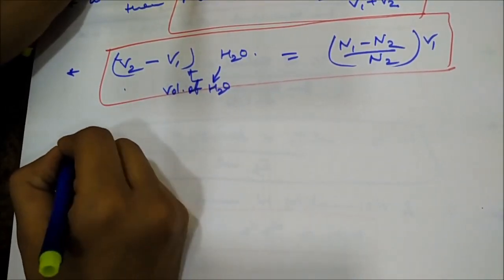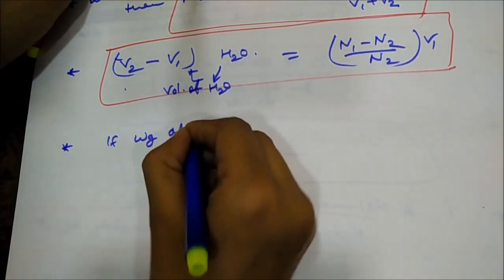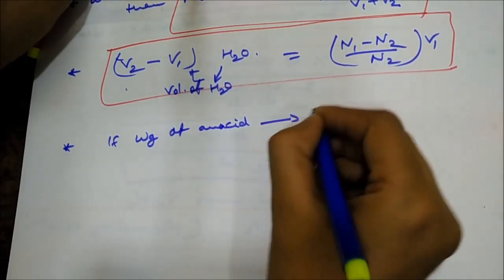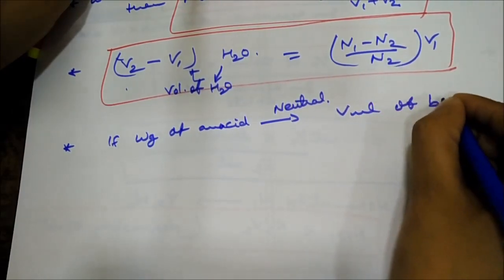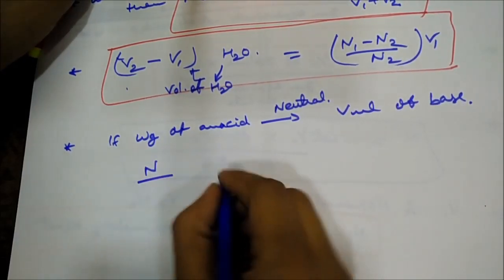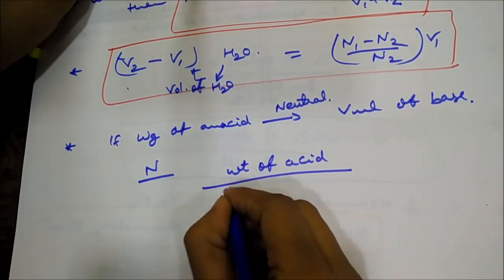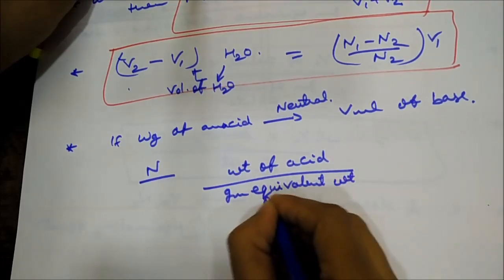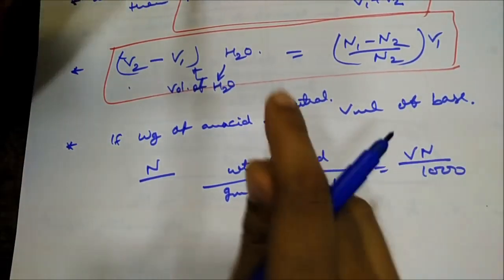If we have to calculate the normality for acid, if W gram of an acid is completely neutralized by V ml of base, then normality will be calculated by this: weight of acid upon gram equivalent weight of acid will equal Vn divided by 1000.